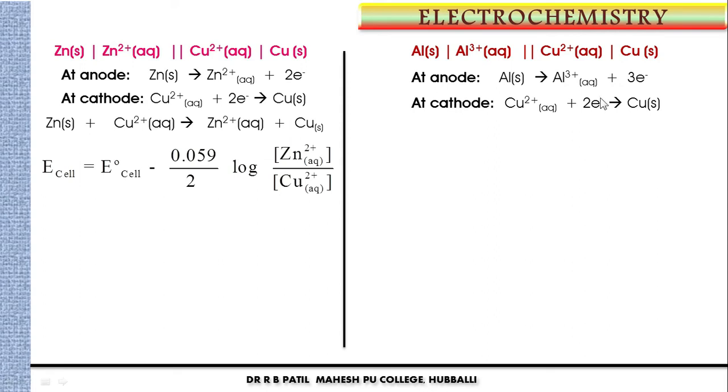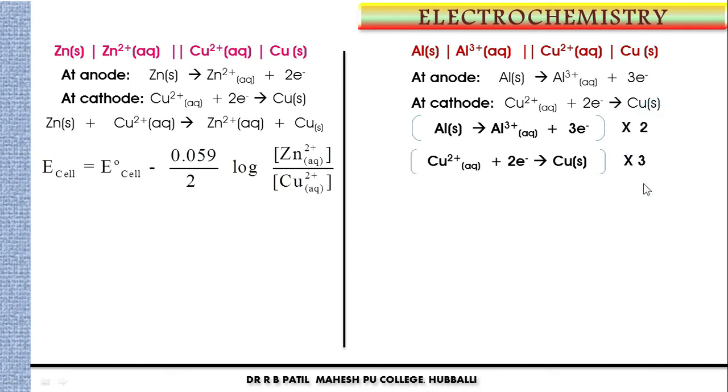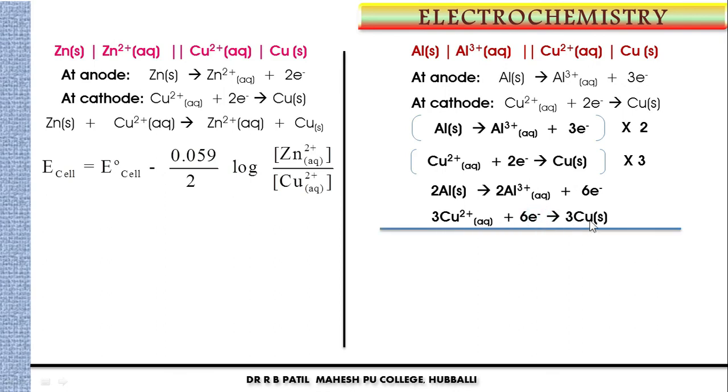What to do? So number of electrons should be balanced. That's why equation 1 I am going to multiply by 2 and equation 2 by 3. So once I do that, I am going to get 2 aluminium, 2 Al3 plus ion, 6 electrons, 3 copper ions, 6 electrons gives 3 copper metal.